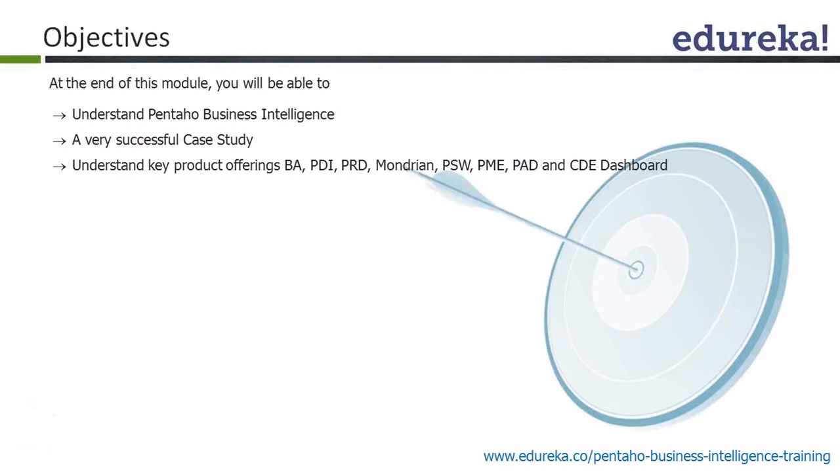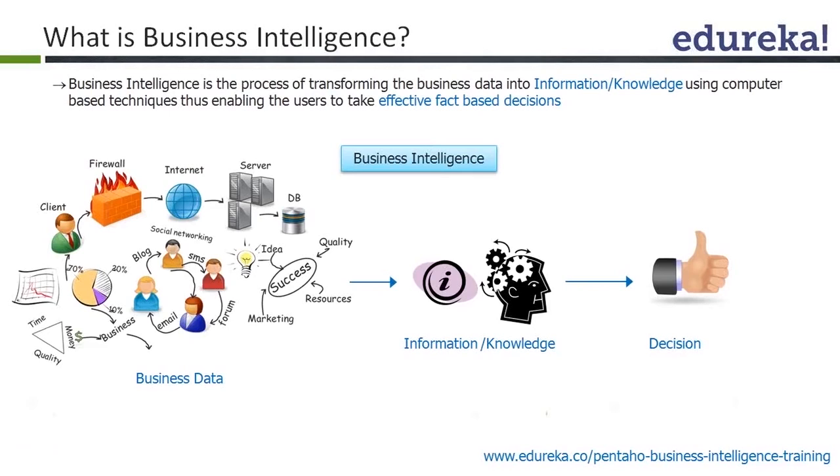So these are a few tools which we will be studying at a high level, and as I already covered, the next future modules are going to cover the first 3 product offerings, BA, PDI, and PRD, which are the main critical items to work with the BI domain. So let's move on to the next slide.